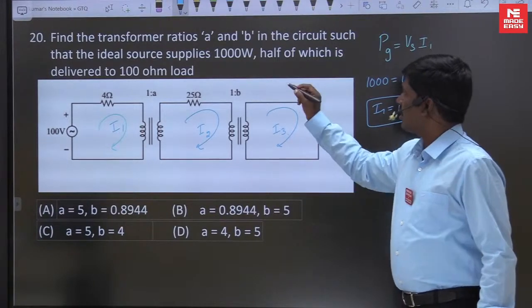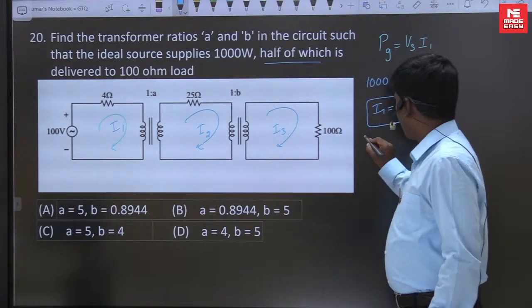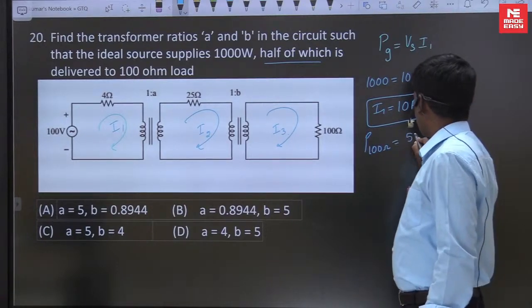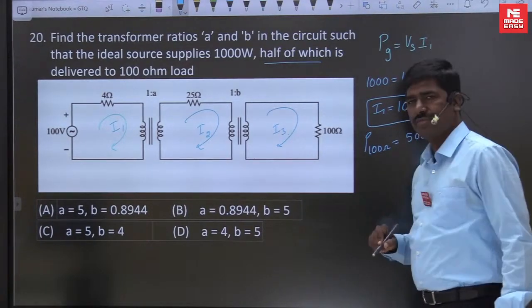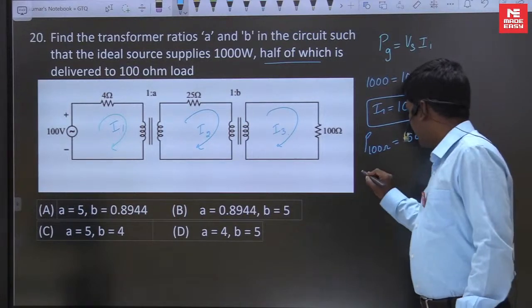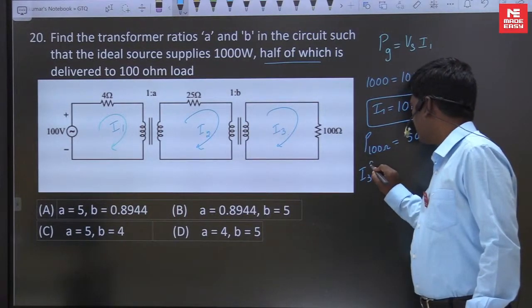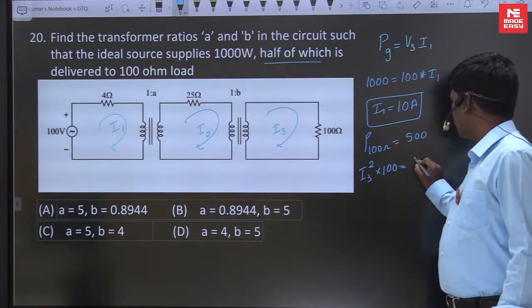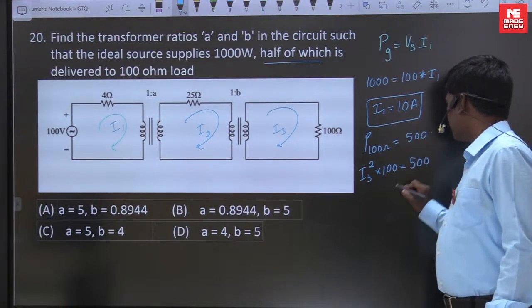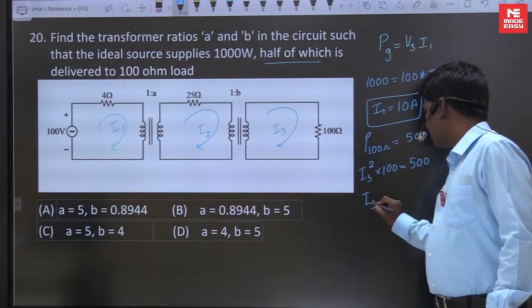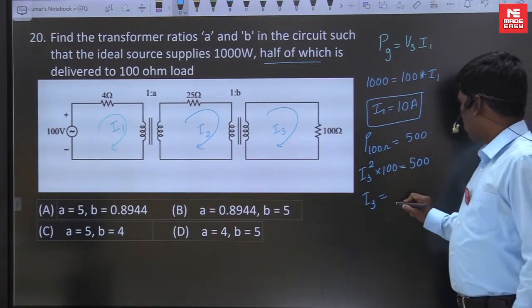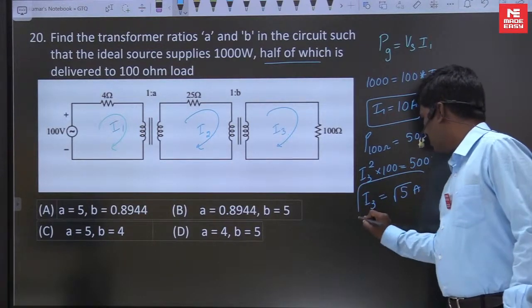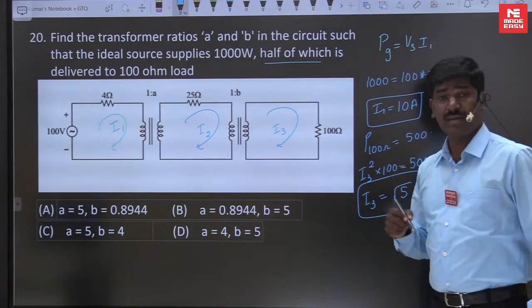The 100 ohm load gets half of it, so P100 is 500. From this, I3 square into 100 is equal to 500. I3 is root 5. I1 and I3 have been found.